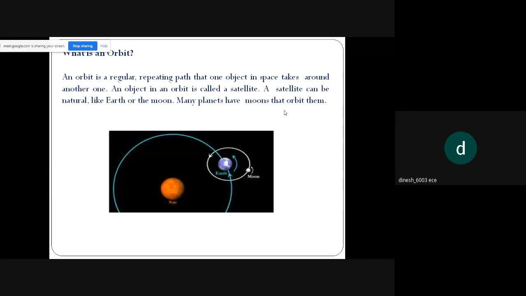The Earth is revolving around the sun, and the Moon is another satellite or object revolving around the Earth. The object in an orbit is always called a satellite. A satellite can be natural, like the Earth to the sun and the Moon to the Earth.